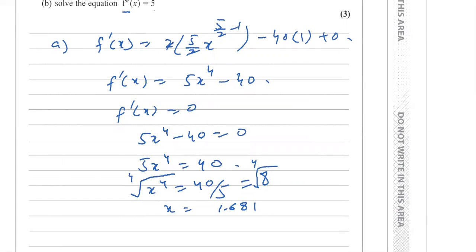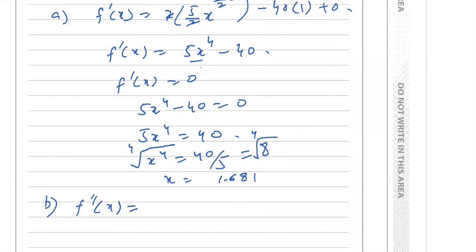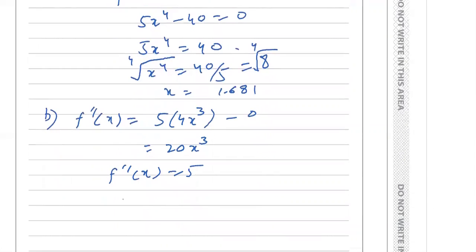Now solve the equation f double dash x equals 5. Now we have the first derivative. Let's take another derivative, f double dash x, which will be equal to, taking the derivative of this one, 5 into 4 x to the power 3 minus 0, that is 20 x to the power 3. Now if I put it equal to, as it is given, f double dash x equals 5, it will be 20 x cube equals 5. x cube will be equal to 5 over 20.